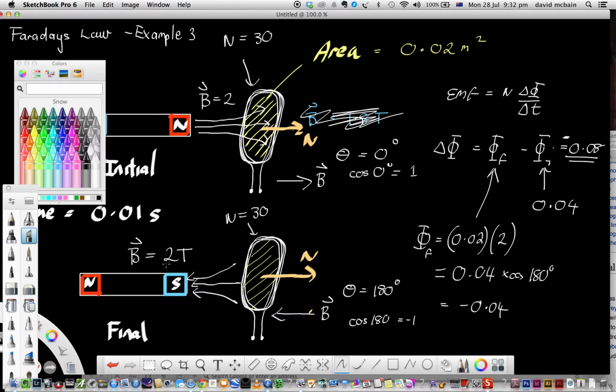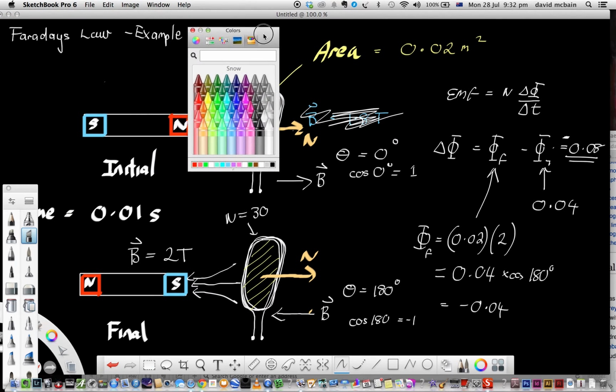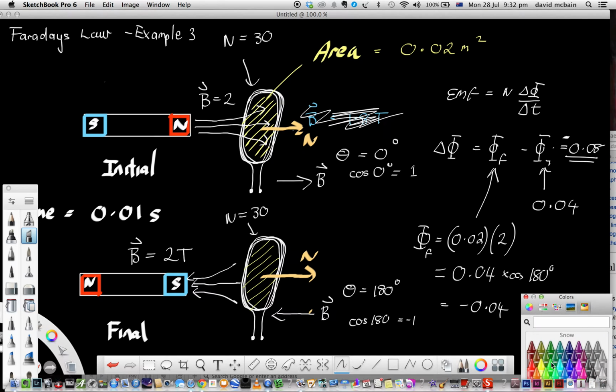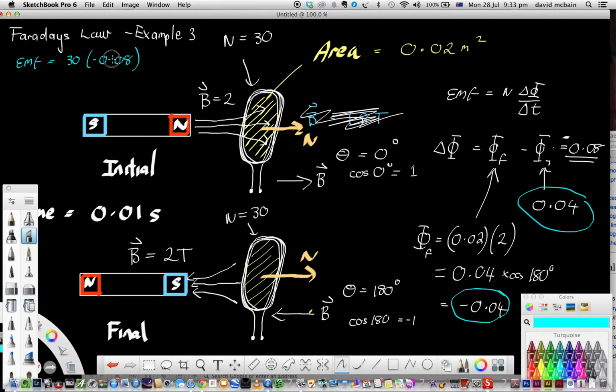And we now know that the time is 0.01 seconds. So the EMF is going to equal N, which is 30, times the change in flux, the final take away the initial, which ends up being -0.08 Webers, divided by the time taken, which is 0.01.